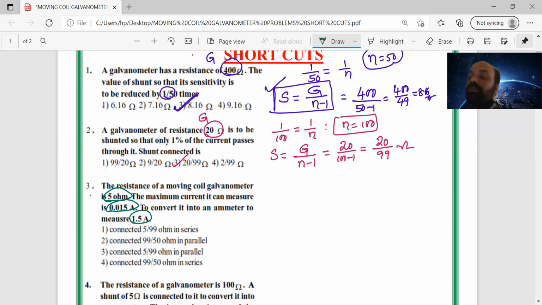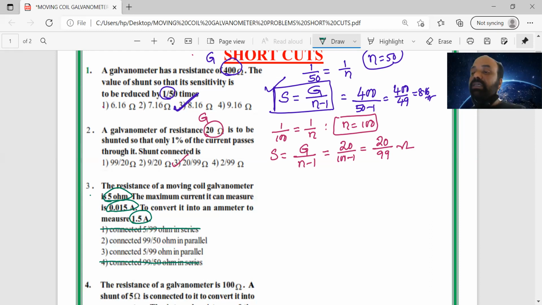First I will tell the elimination method. Connecting in parallel means we check which options are parallel. The first one is series, so it is wrong. The last one is also series, so this is wrong. So the possibility is either option 2 or option 3.